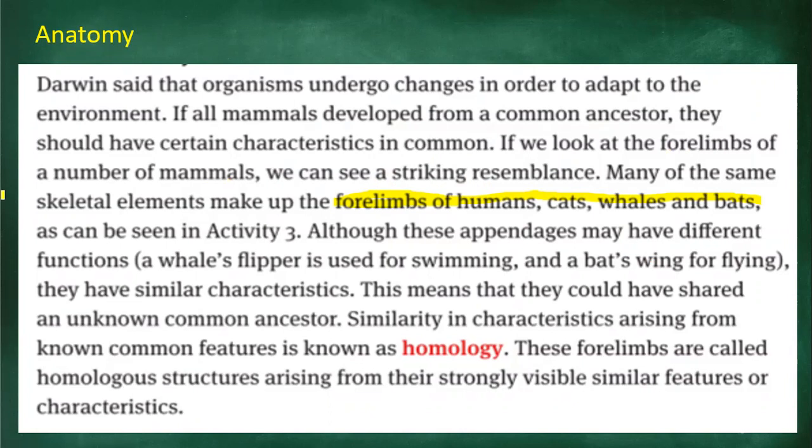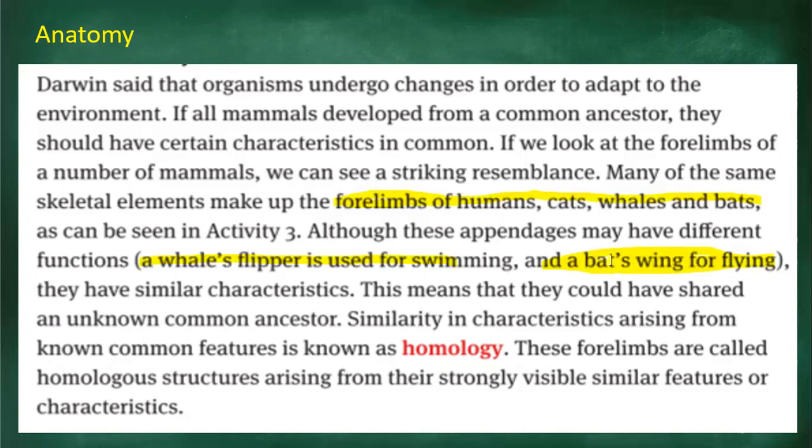For example, a whale's flipper is used for swimming, whereas a bat's wing is used for flying. Although the structure is quite similar, it is used for different functions in different species. But those characteristics are similar. This means that they could have shared a common ancestor.